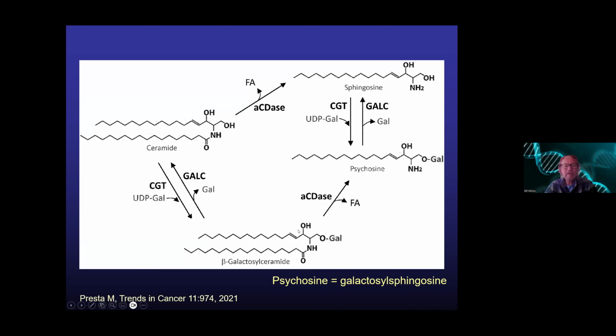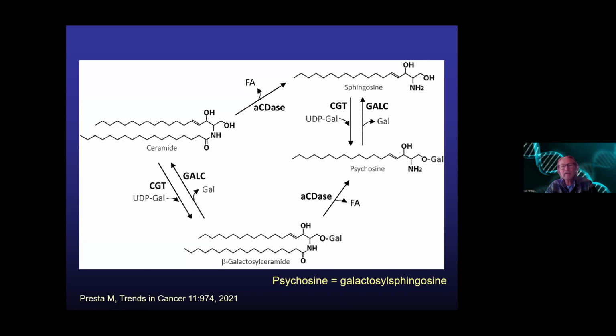So this is the galactosyl ceramide, and the enzyme cleaves off that terminal galactose to make ceramide. If you're not able to do that, you can get rid of one of the fatty acid side chains.